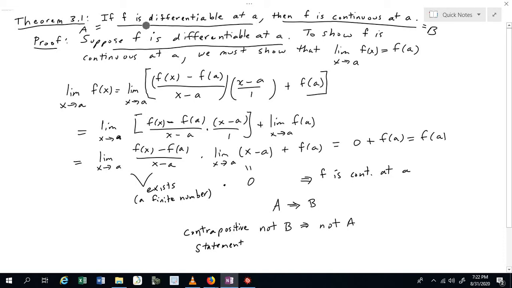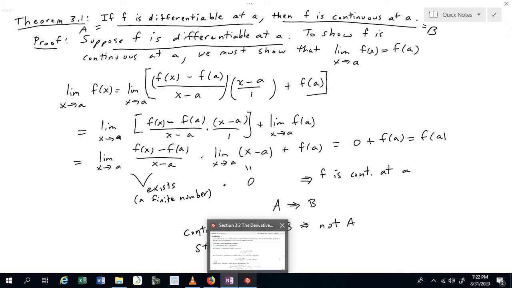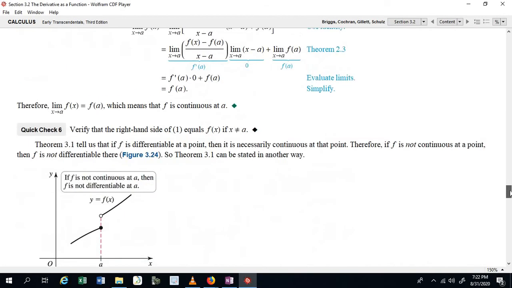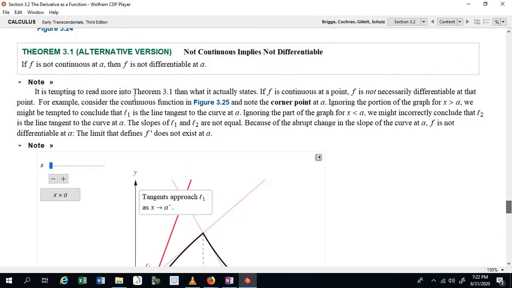And so we have a follow-up theorem to this, an alternative version of that theorem, which is simply the contrapositive statement of the theorem that we just looked at.